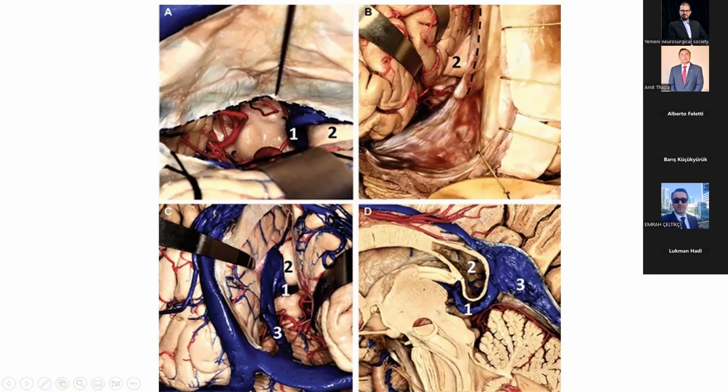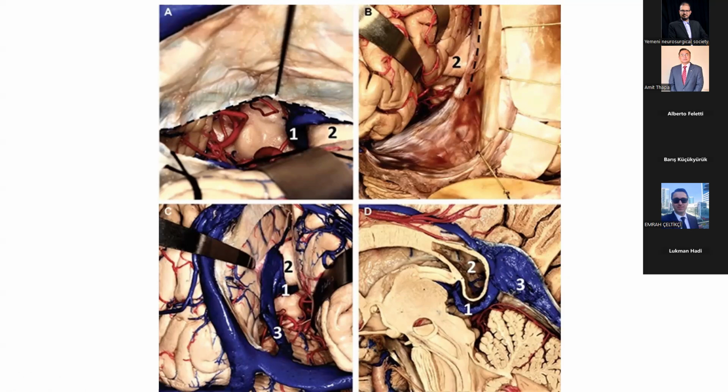And here we see another anatomical dissection. Again, the same part, the straight sinus, the vein of Galen, and the splenium. So as you see, this confluence is anatomically very complex, it has neighboring structures, and the splenium is one of the main landmarks.